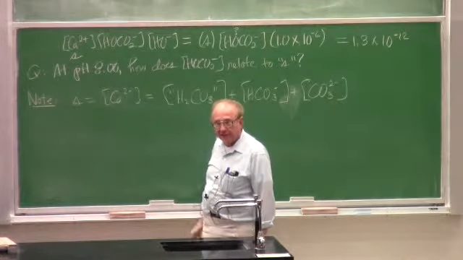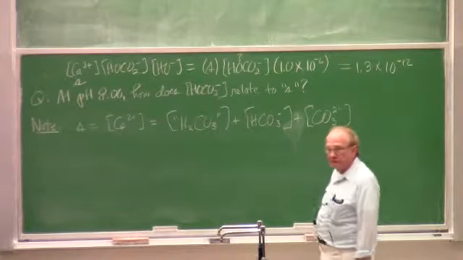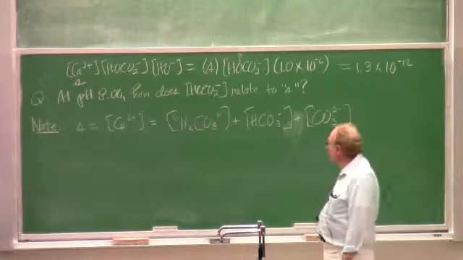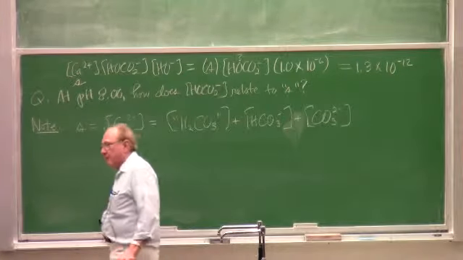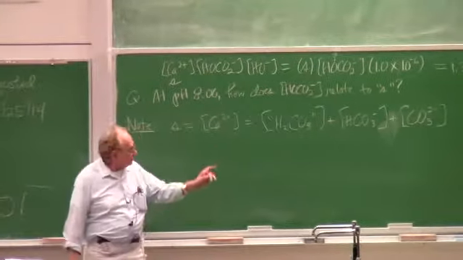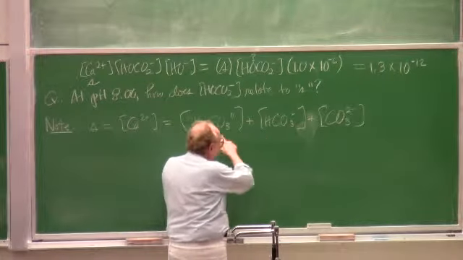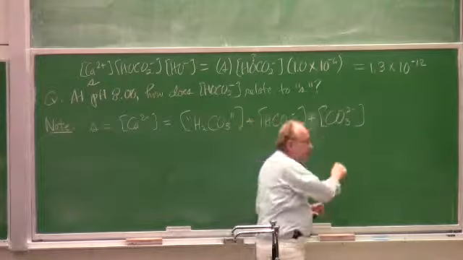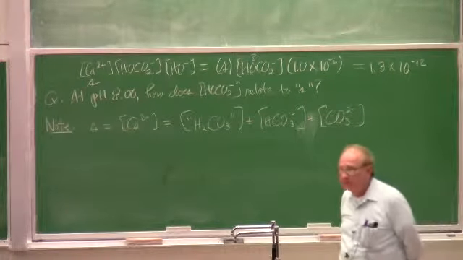All right? Now then, just for fun, we're going to prove this in a moment, but at this stage of the game, we got the system buffered at pH 8. Which molarity, this and or this, do you think can be struck from this relationship at pH 8?